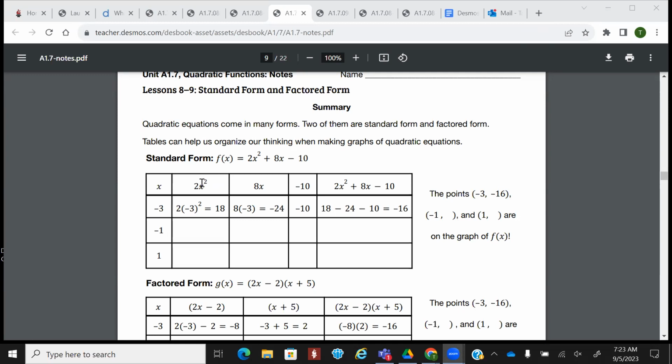Okay, so right here, we have this 2x squared plus 8x minus 10. So this has descending exponent order.